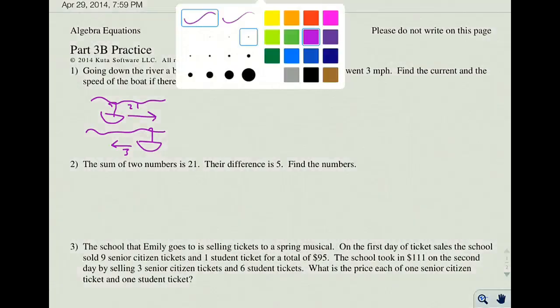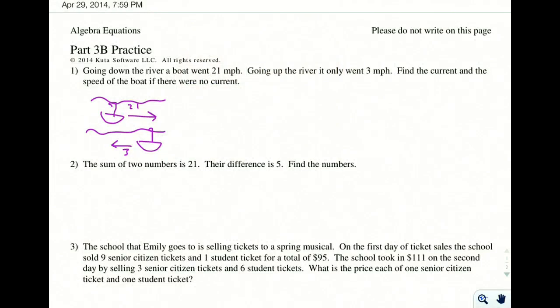One way to think about this problem is to think about what effects cause a boat to go fast in a certain direction. We could say the speed of the boat, S with a little b, plus the speed of the current, are being added together. And when we add those two things together, we get 21 miles an hour.